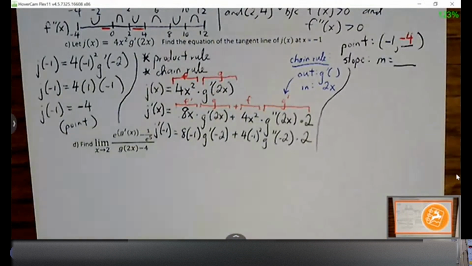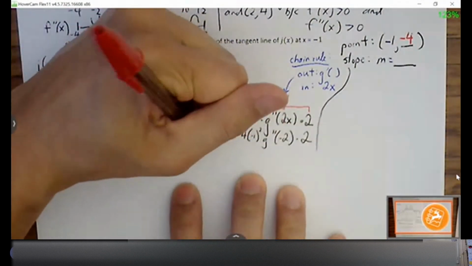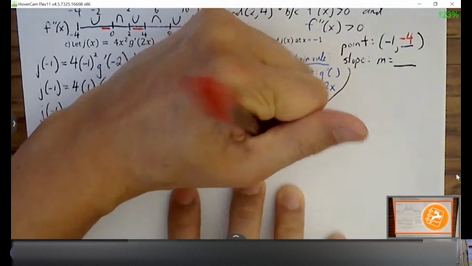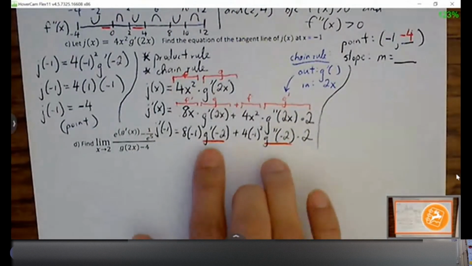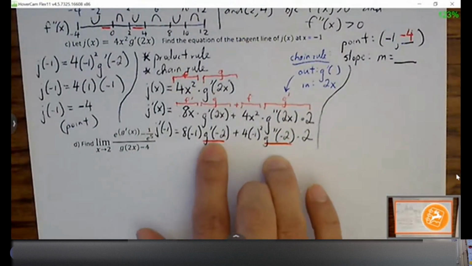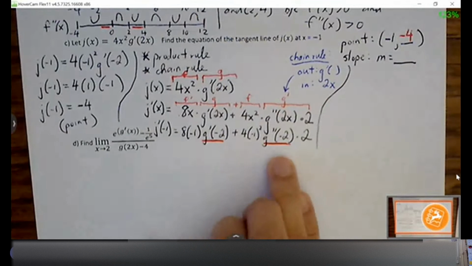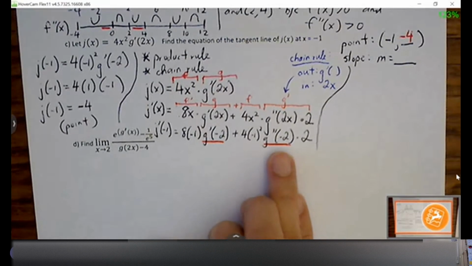We're going to go to our table of values to help find these missing values that we need to insert. So g prime of -2, that's going to be -1, and g double prime of -2 is going to be +4.